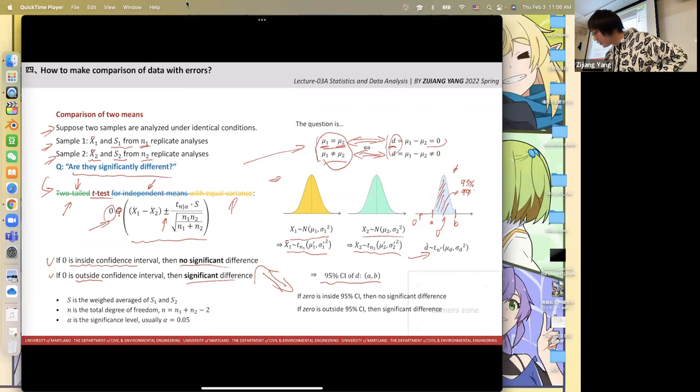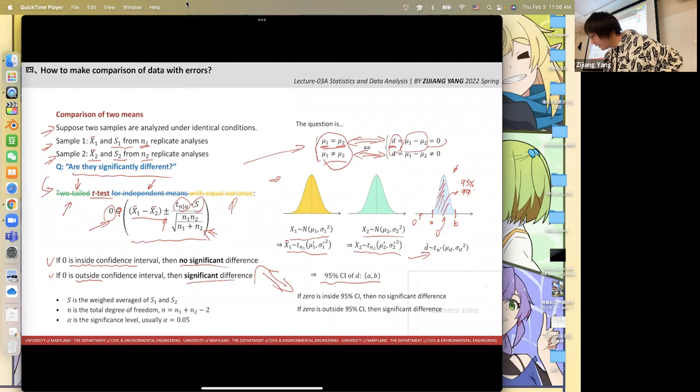Let's take a closer look at this formula. We have x1 bar minus x2 bar, which is similar to here. We have a t here, and this s represents something like the standard deviation.